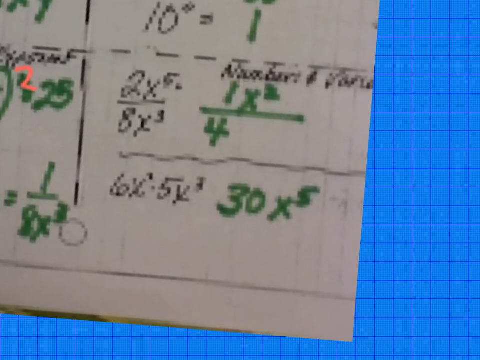And then the last one was the examples on the other side. Notice in this example right here that 1/4 is a fraction, and then there's more x's on top, so it's x squared. Here the 6 times 5 is 30, and x squared times x to the 3rd is x to the 5th. So simplifying means you want to get rid of the negatives.